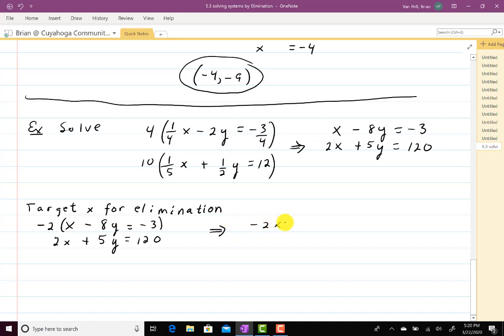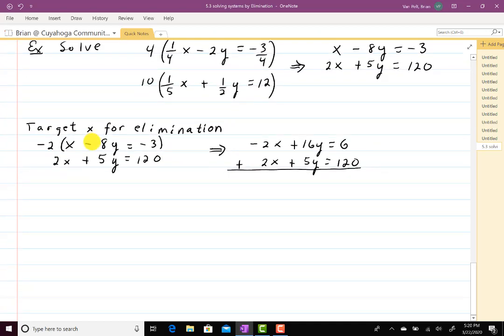So I get -2x plus 16y equals 6. Then I'll have 2x plus 5y equals 120. It was unaffected, of course. Let's add these together. I get 21y equals 126. Divide by 21, and you'll find that y equals 6.